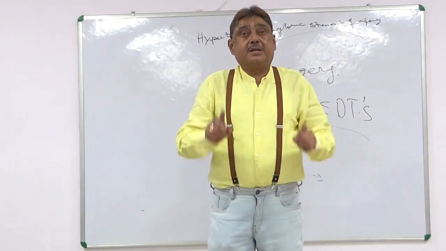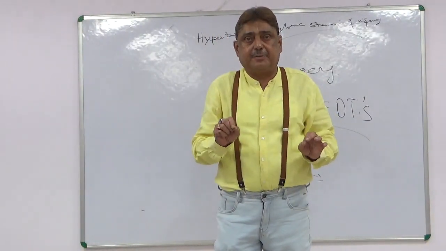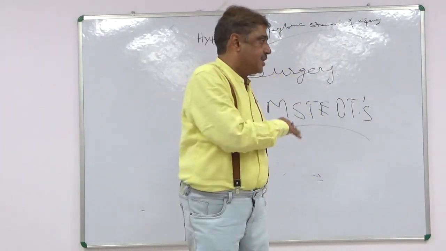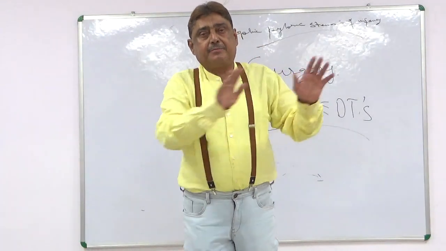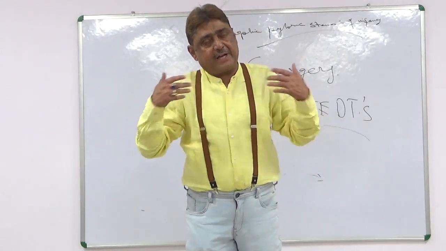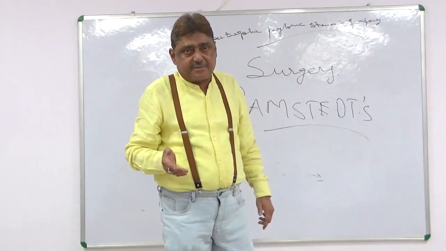But sometimes it is very difficult to preserve the mucosa and you tear the mucosa. When the mucosa is torn, repair it with a patch of omentum, keep the patient without oral feeds for a day or two, finally the result is the same. So it's a very simple operation, the Ramstedt's operation.